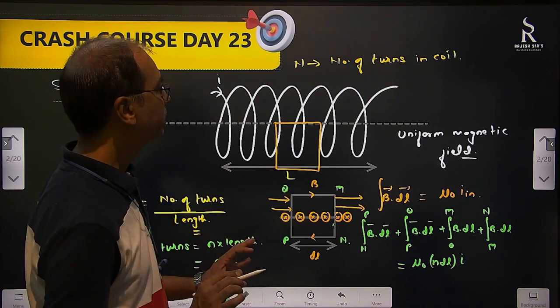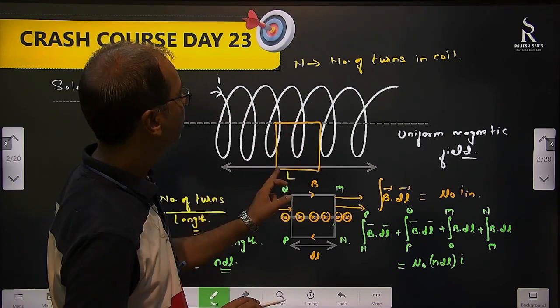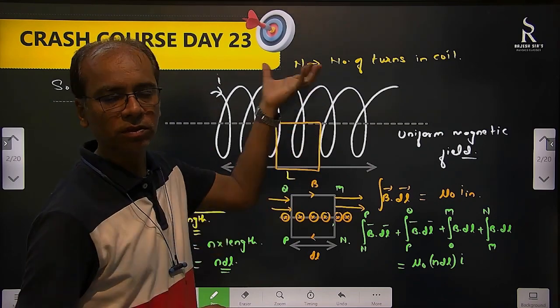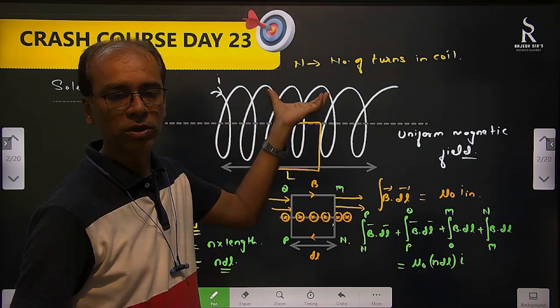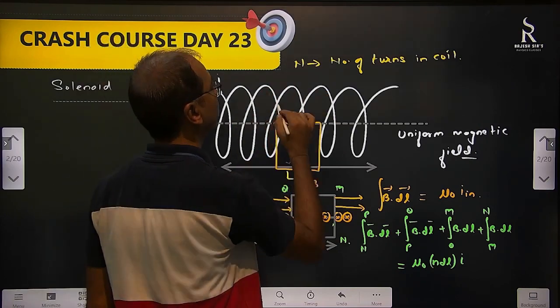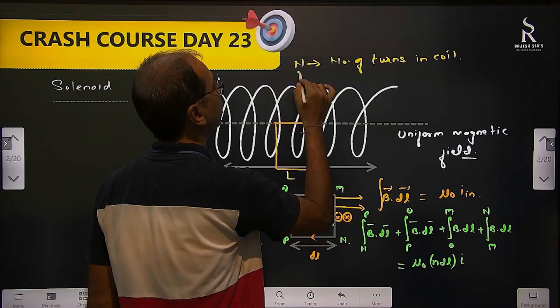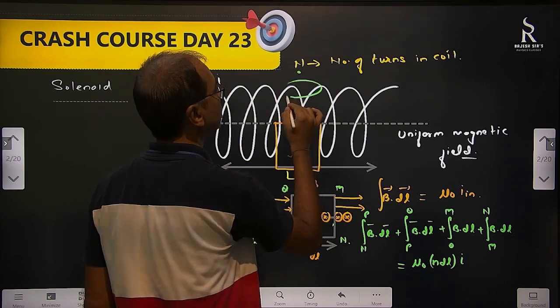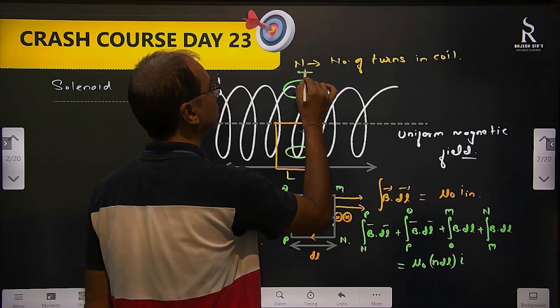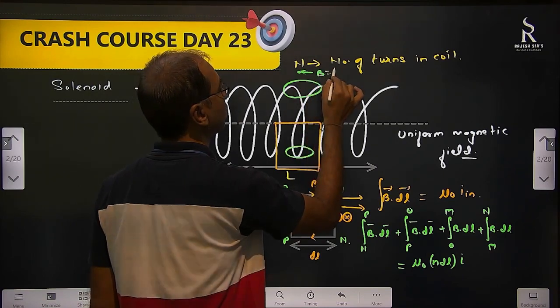Why does it happen? Because at the moment I am considering only the lower section of the solenoid, but there is an upper section of the solenoid also, which is also producing magnetic field. Outside the solenoid, the magnetic field produced by the upper section plus that produced by the lower section cancel each other. So net magnetic field here becomes 0.